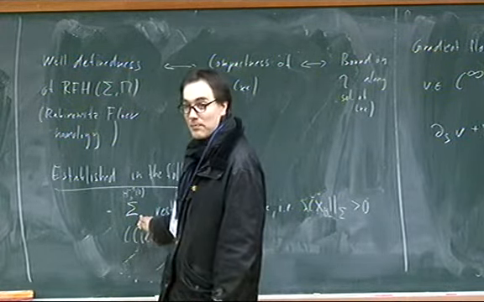And in this global perturbation theory of Hamiltonian systems, what you ask is, you're looking for leafwise intersection points.